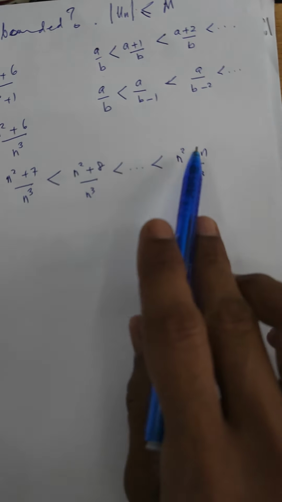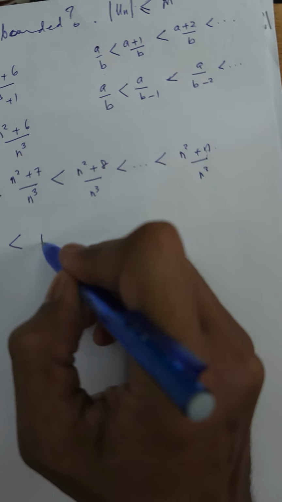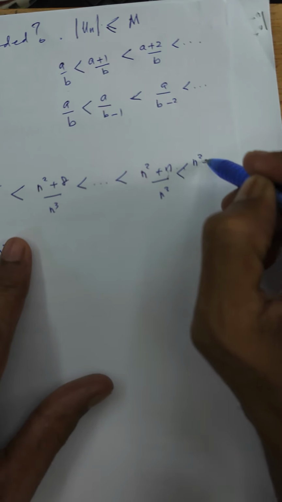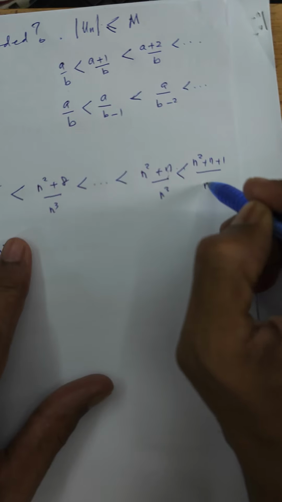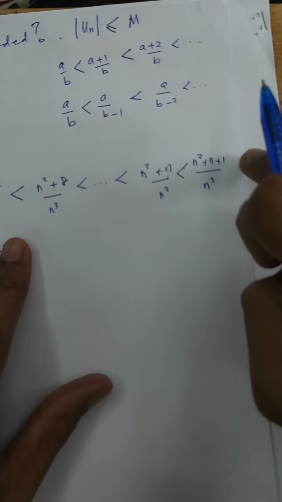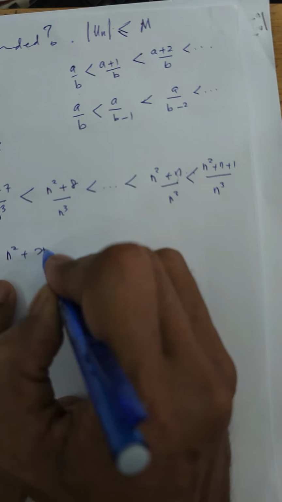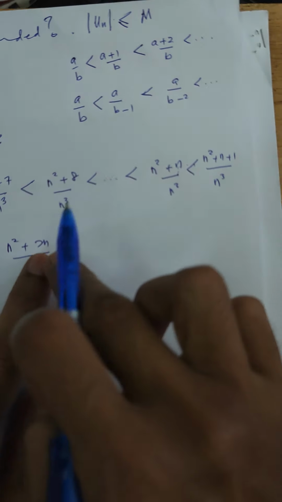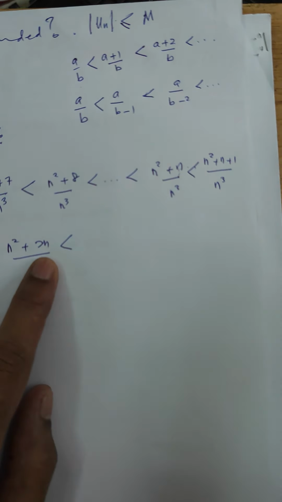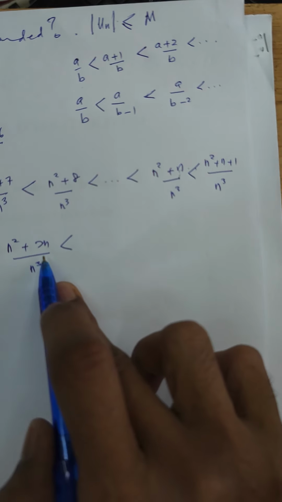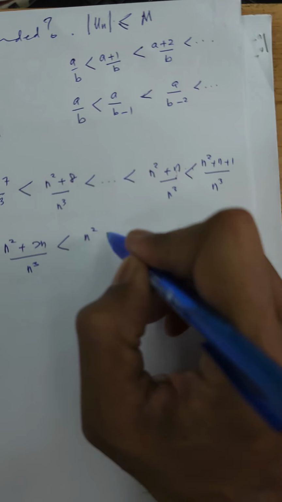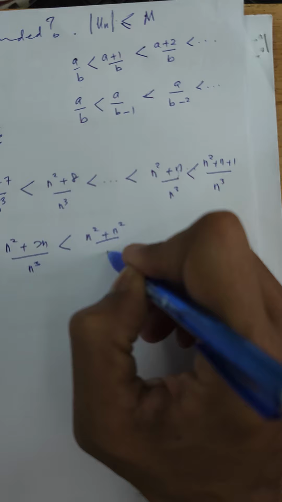So now if I keep on increasing this, I can go up to n squared plus n plus 1 over n cubed, then plus 2, 3, 4, and then up to n squared plus 2n over n cubed, then 3n, 4n, 5n, and later on up to n squared plus n squared over n cubed.